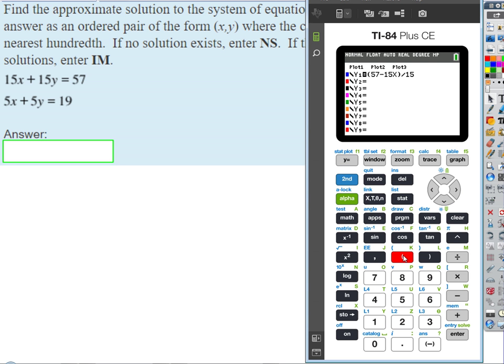Open a set of parentheses, 19 minus 5x, divided by 5. And if I hit graph, what happens? Same line.